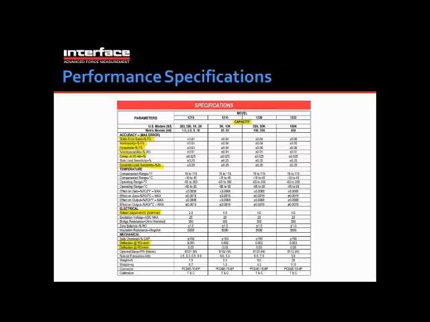For easy reference, we have these values highlighted, and you can see that based on the model being used, we have to meet those parameters before the load cell leaves our facility. And here, on the upper left corner, we have the parameters for the SEB, for the nonlinearity, and for the hysteresis.